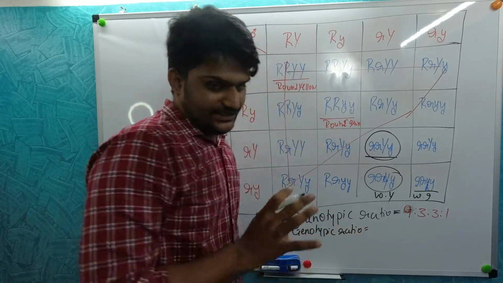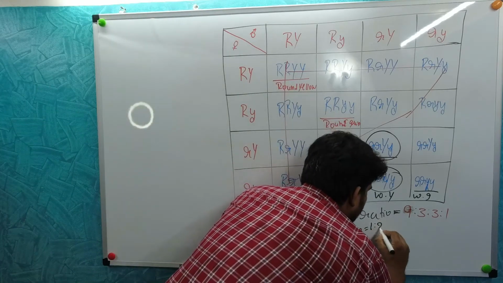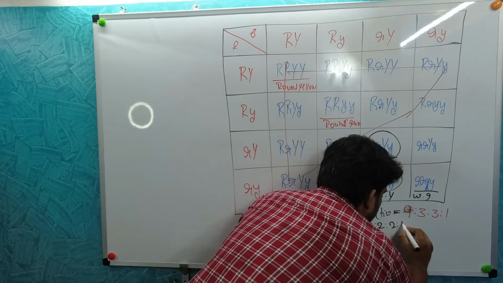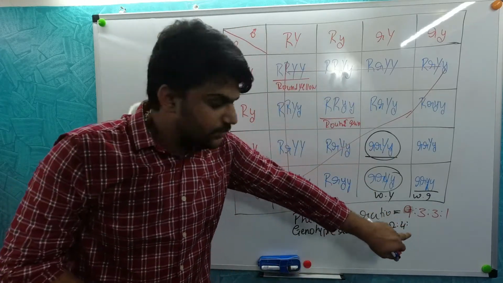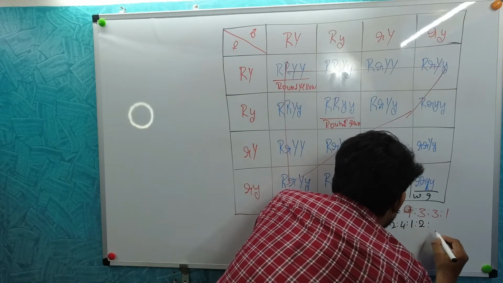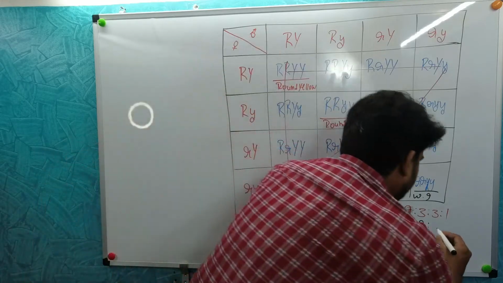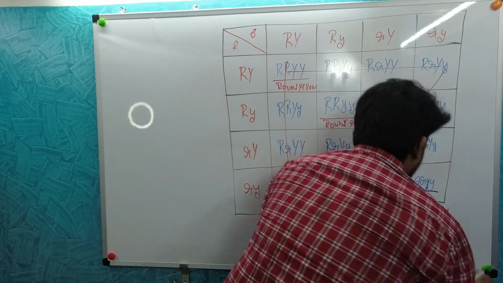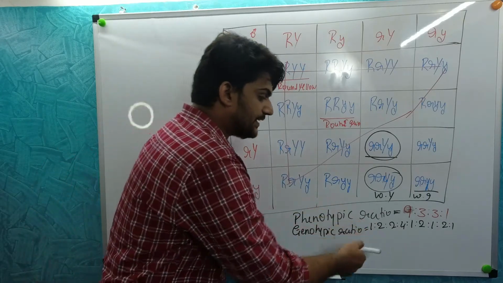The ratio stands to be 1:2, 2:2, 2:4:1, 1:2, 2:2, 2:4:1, 1:2, 2:2, 1:2, 1:2, 1:1. So how can you identify this genotypic character?